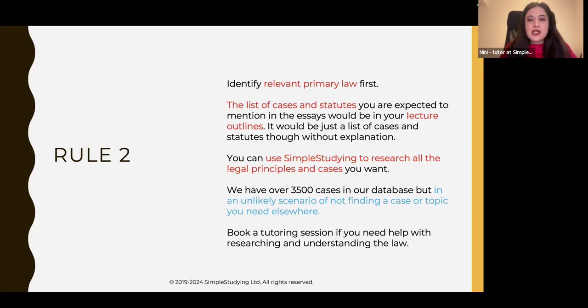So we suggest that you look at journal articles instead, which tend to be much shorter, or you look at online resources. You can book a tutoring session if you need help with researching and understanding the law.